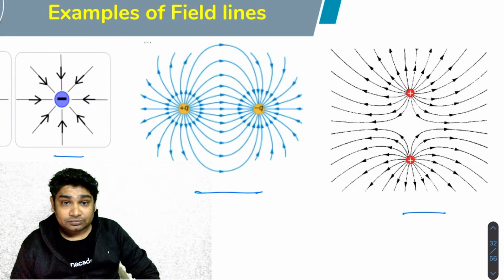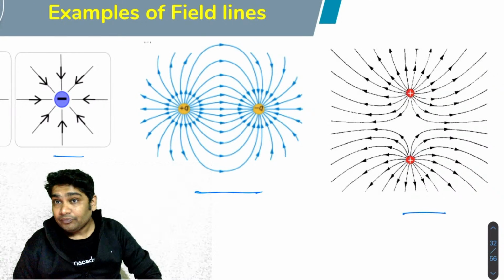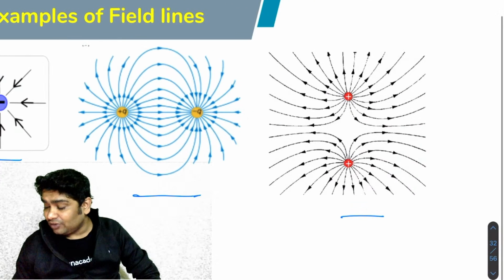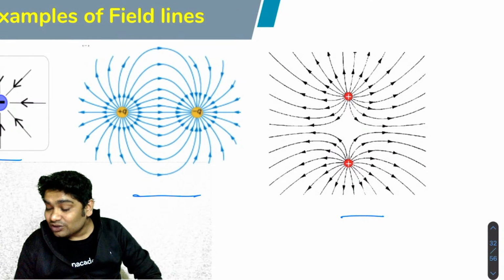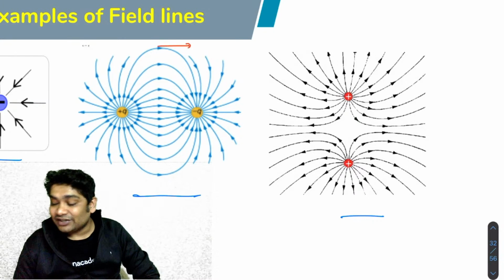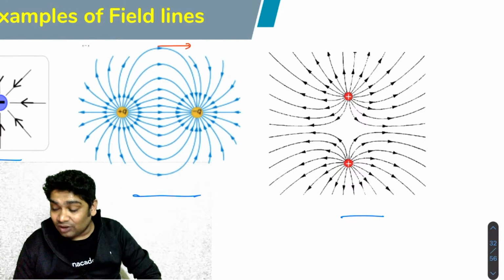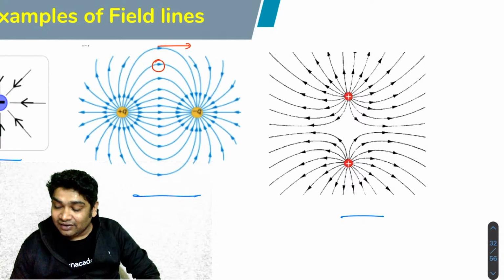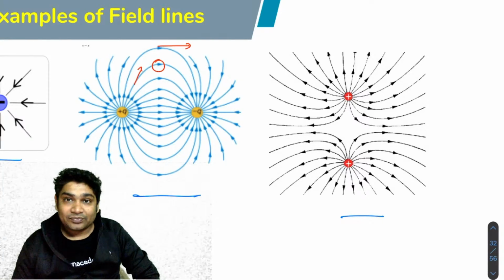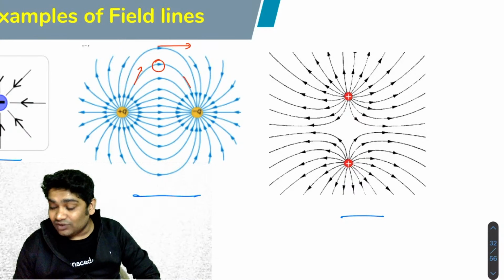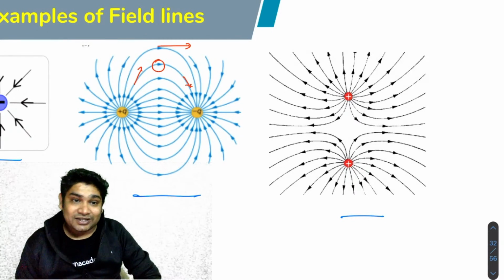That does not happen. Similarly, to judge the direction of the electric field, you have arrows on these lines. This arrow represents that the field will be in this direction. If the arrow was in the opposite direction, then the field would have been in the opposite direction.